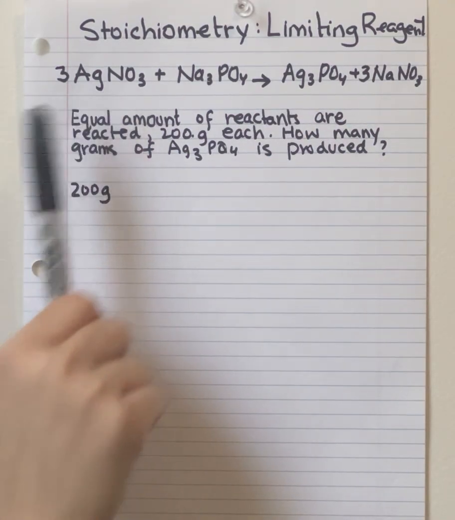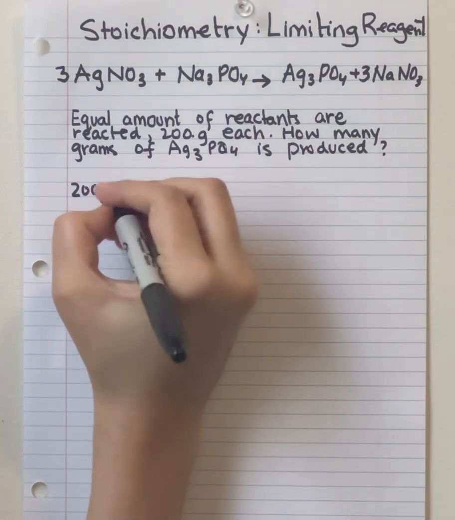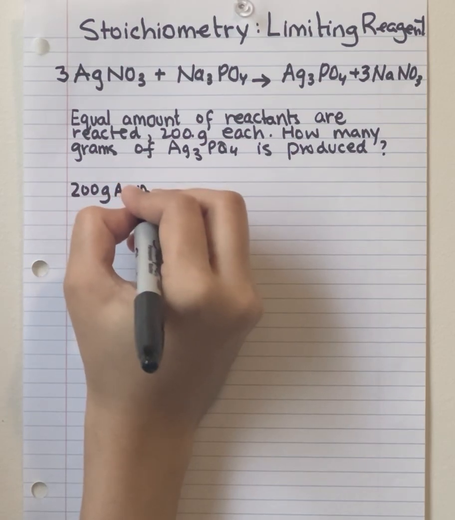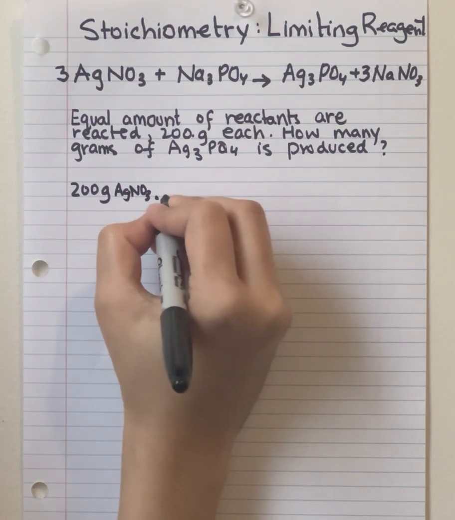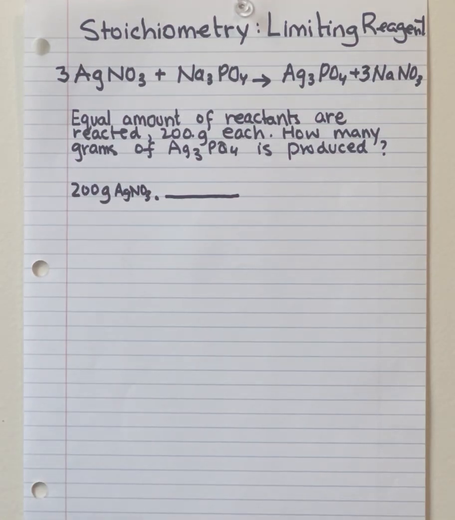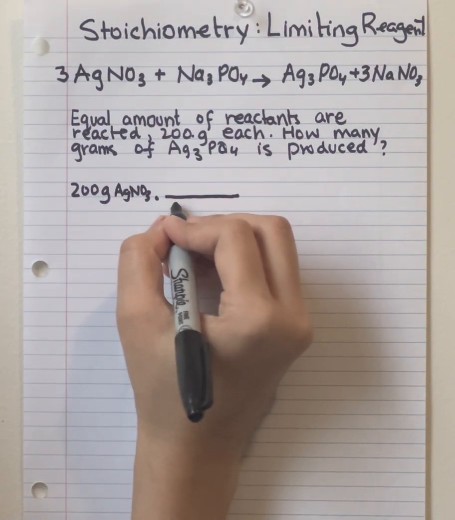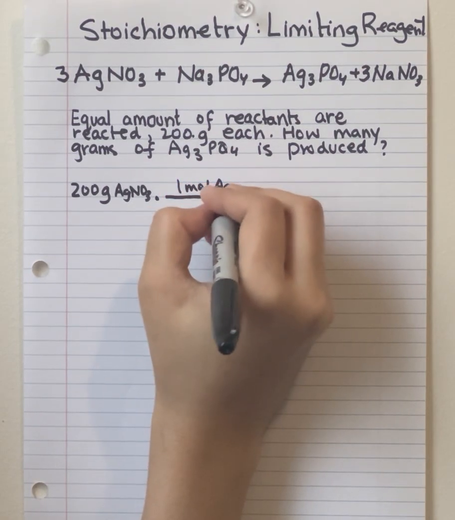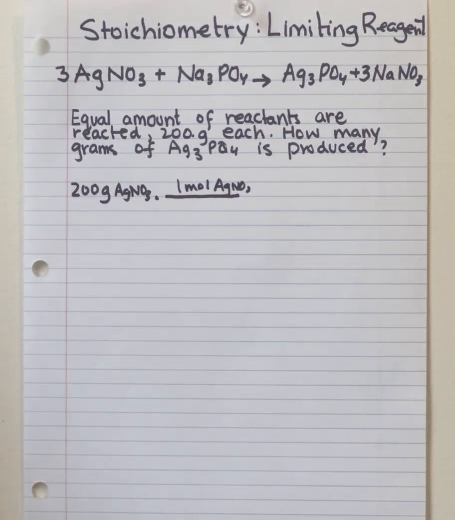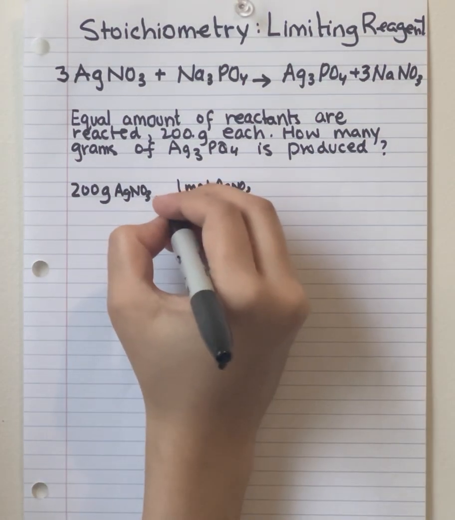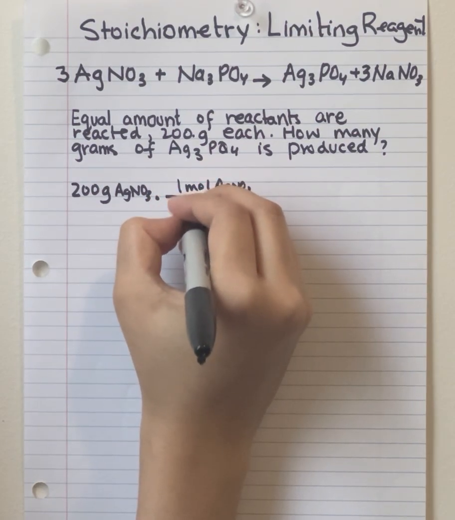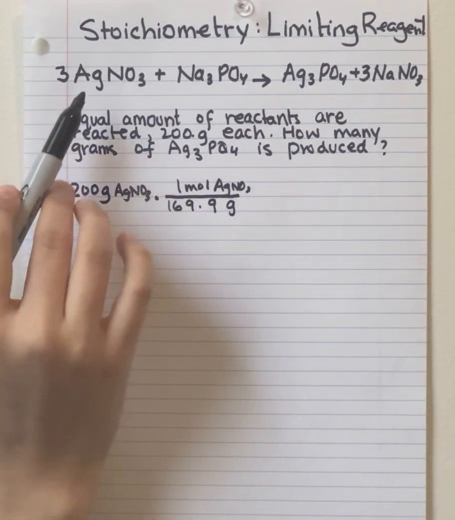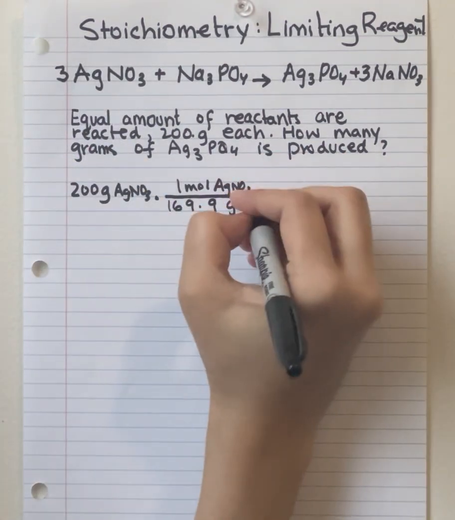First we're going to do it for silver nitrate. So 200 grams of silver nitrate. We're going to have to convert it to moles. In 1 mole of silver nitrate, we have 169.9 grams of silver nitrate.